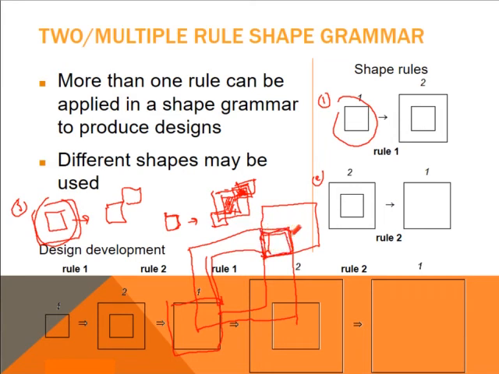If you want to apply rule number 1, then you need to multiply 0.5 with 2. So the scale factor should be 2. 2 times 0.5 is basically 1. So you're going to get back a square in the same size as this, more or less. I'm just saying, it's not really accurate.